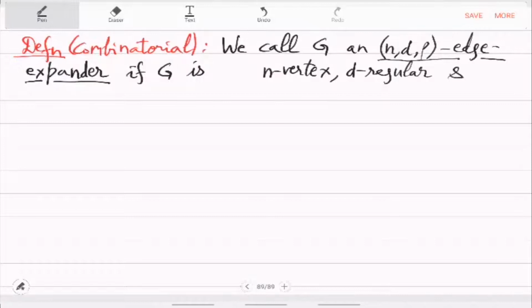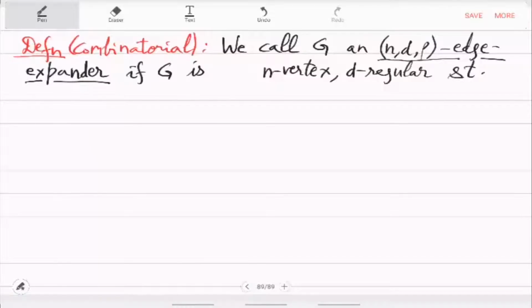this will be more pictorial than the algebraic definition. Right? In the algebraic definition, it was not clear why you pick the second largest eigenvalue, unless you recall Lemma 1 that we had shown, where if lambda is smaller, then the convergence of the random walk is faster. But the combinatorial definition will be even simpler and more directly related to connectivity. So here what we will say is that if you take any subset in the graph, then there are many edges going out.